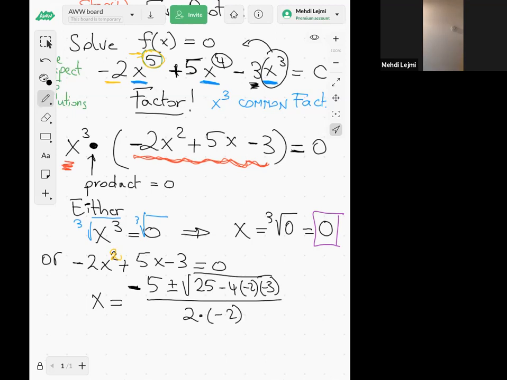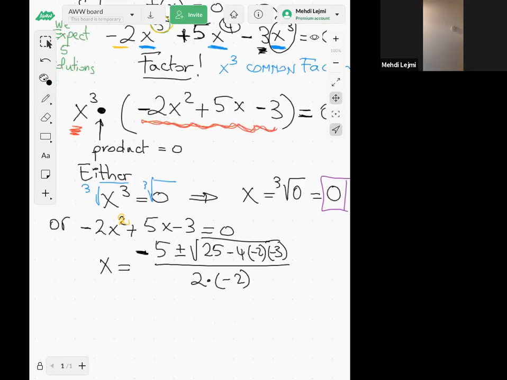All right, so then x is -5 plus or minus. So 4 times 2, that's 8 times 3, that's 24. That would be 25 minus 24, which is square root of 1. So it's plus or minus square root of 1 over -4, right?